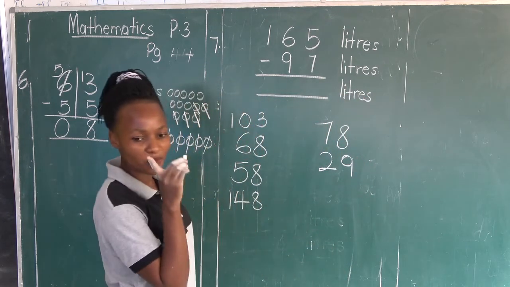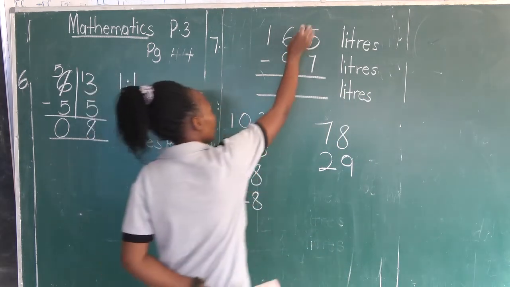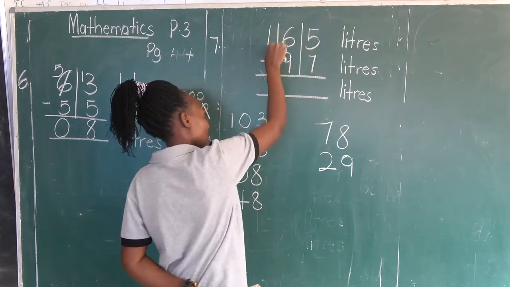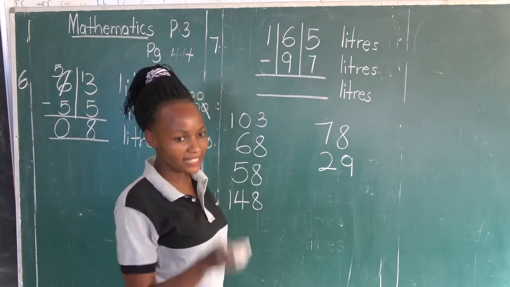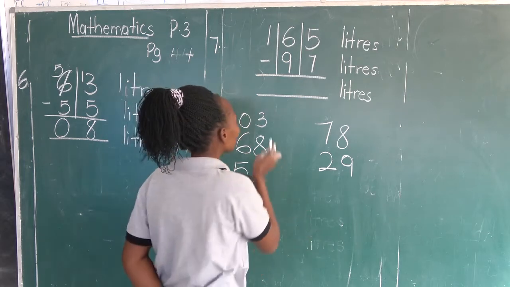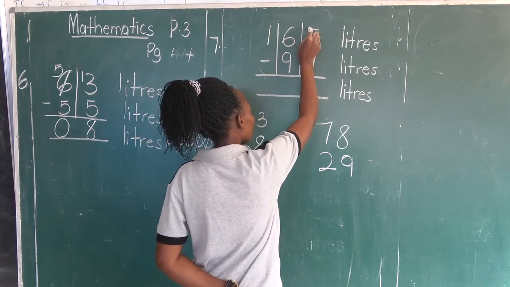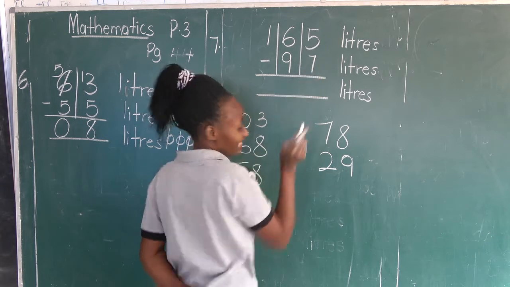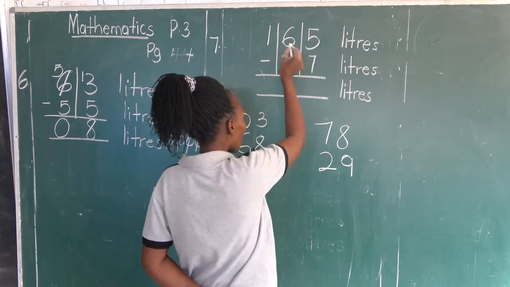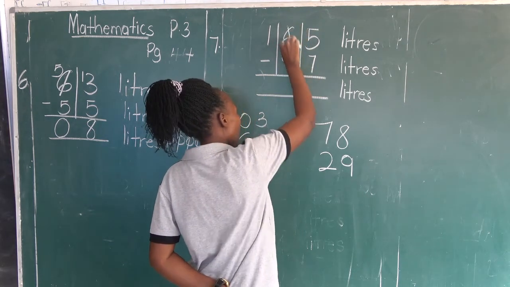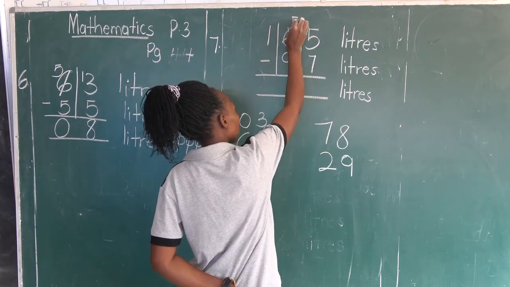Then we come here, first draw our lines in the middle, separate the place values. Okay? Now we are starting from ones. Under ones I can see 5 take away 7. Let's say that one is impossible. Now let's borrow. We shall borrow 1 from this here, we shall remain with 5.